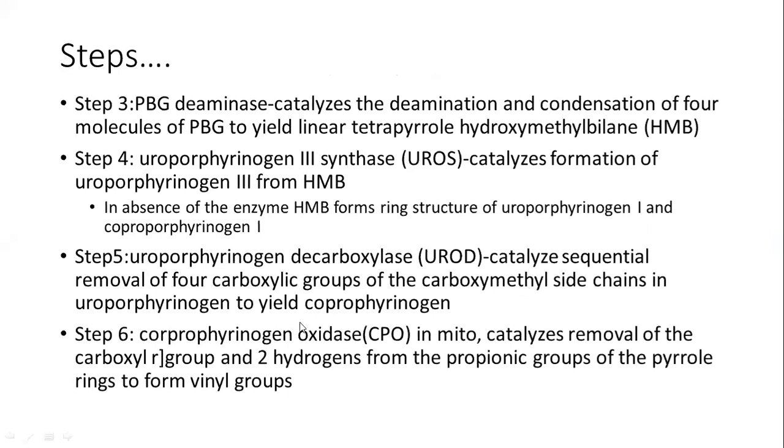In the presence of coproporphyrinogen oxidase, you now have your coproporphyrinogen III taken back from the cytosol into the mitochondria. This coproporphyrinogen oxidase in the mitochondria catalyzes removal of carboxyl groups and 2 hydrogens from the propionic groups of the pyrrole rings to form vinyl groups.